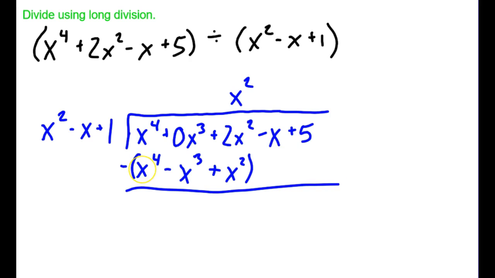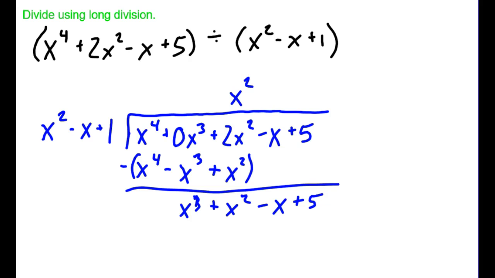So x to the fourth minus x to the fourth is 0. 0x cubed minus a negative x cubed is a positive x cubed. And then 2x squared minus x squared is a positive x squared. And then I can bring down what I have left.